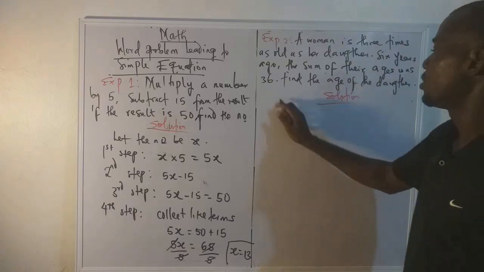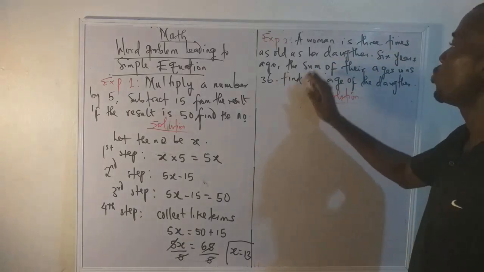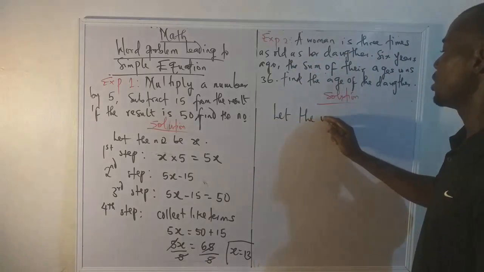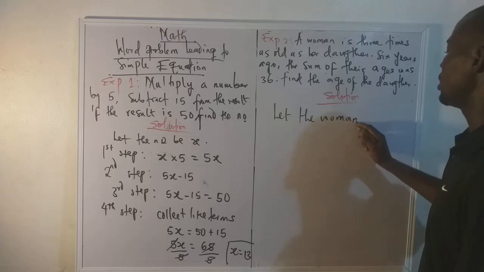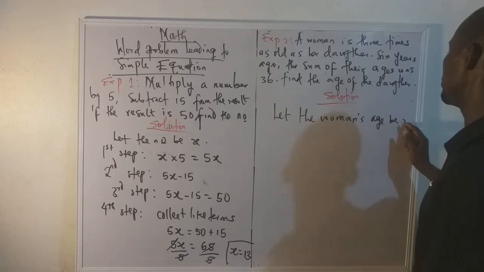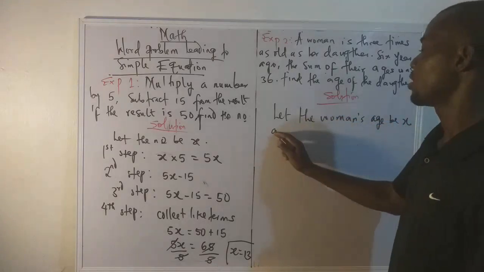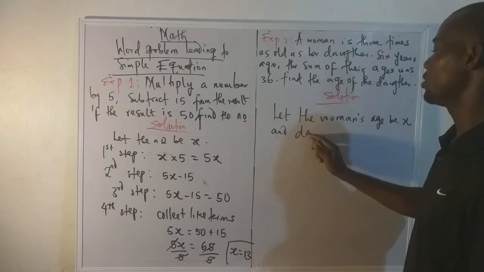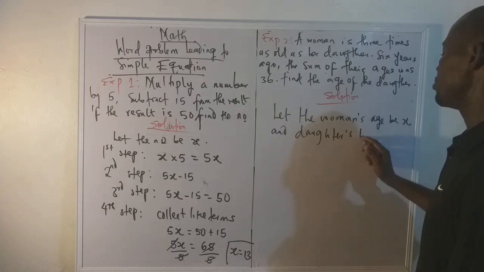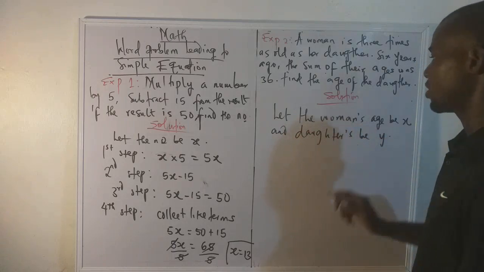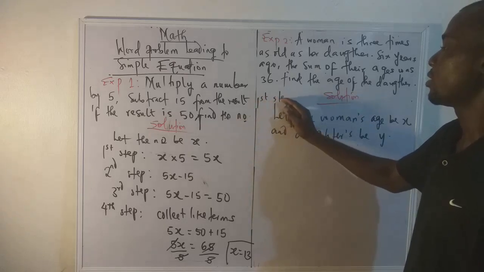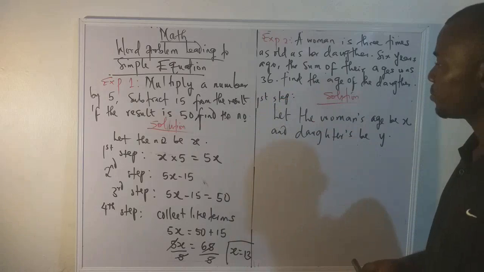First of all, a woman is 3 times as old as her daughter. We say, let the woman's age be X and daughter's be Y.